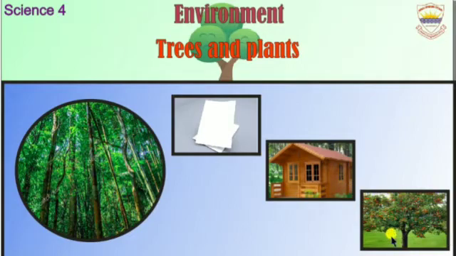Trees and plants also give us fruits. How are trees and plants useful for us? They are useful for us because they are used for making paper, to build houses, and also they give us fruits.